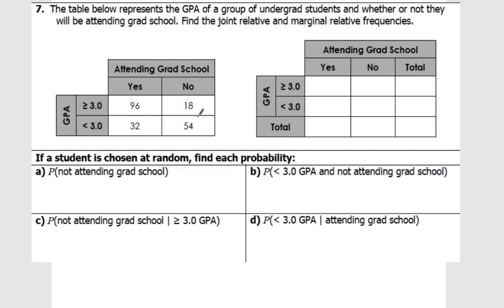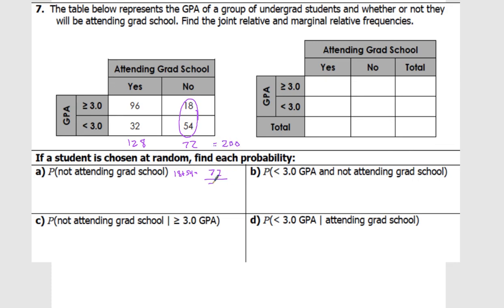Well, who's not attending grad school? All of those students. We can say 18 plus 54. That's 72 out of the total number of students. Well, there are 72 that aren't going to grad school. If we add those up, we get 128. Add those two together, and we get that there are 200 total students.